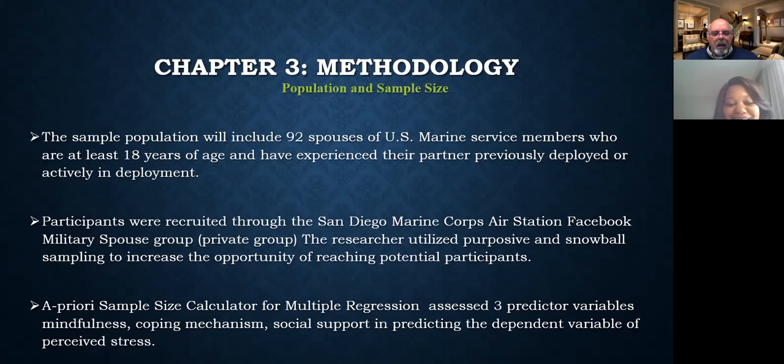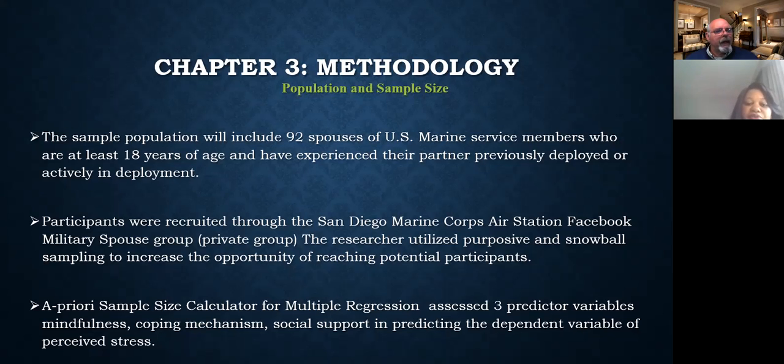Yeah, you're going to say something for multiple regression: according to an a priori power analysis, the minimum sample size would give me the minimum number I needed to make sure the output was considered valid. And your sample size was greater than the minimum, so therefore sample size is not an issue. Something like that.